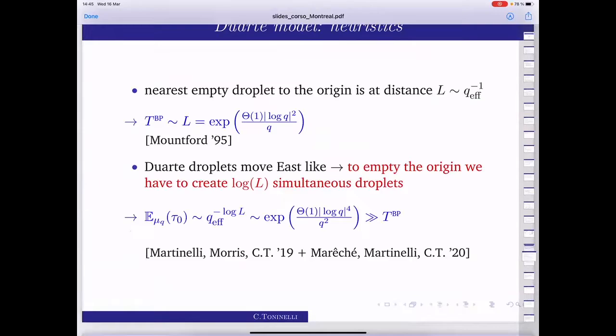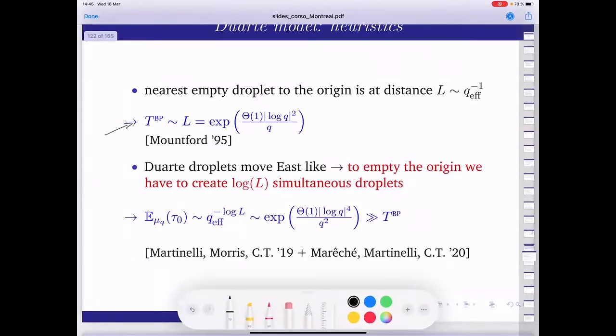If I'm just looking at the bootstrap dynamics, then if I'm sitting at the origin, sequentially starting from the next droplet, I reach the origin. So the time of the bootstrap will just scale as the distance from the origin to the next column of length 1 over q log q which is empty. Hence the scaling for the time of the bootstrap.